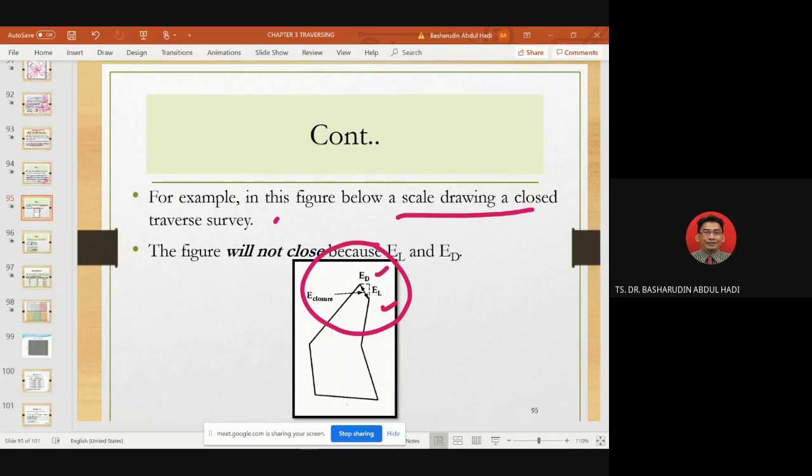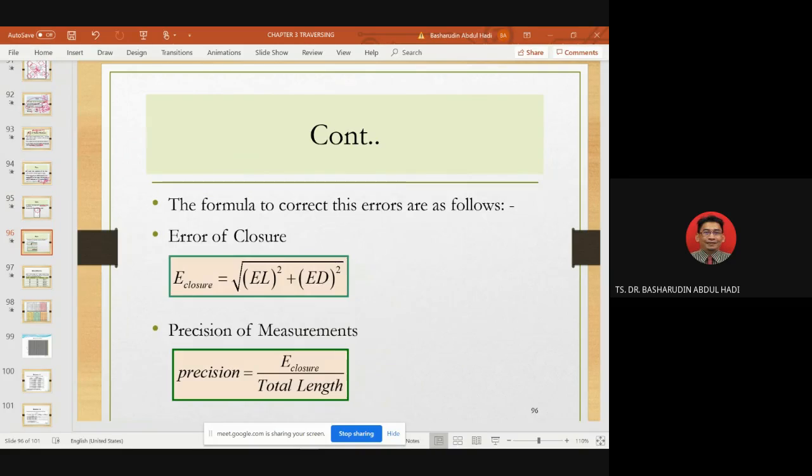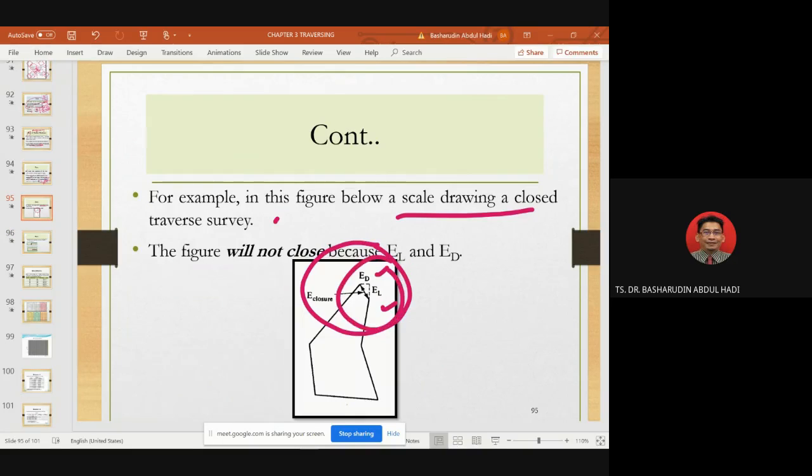We call it not connected, right? Okay, the formula to correct this error is as follows. We want to avoid this one. You don't want this, so you must use this formula.